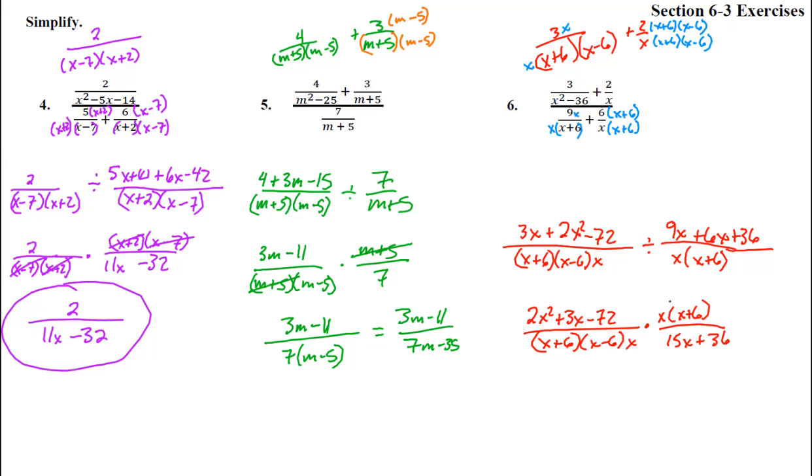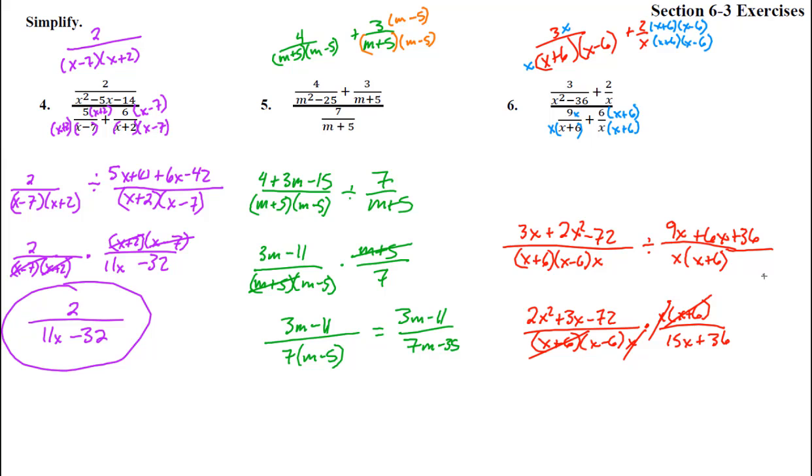Okay, we do get some things that cancel. X plus 6, x plus 6. Is there anything else that might cancel here? Does this factor at all? Let's double check really quick.